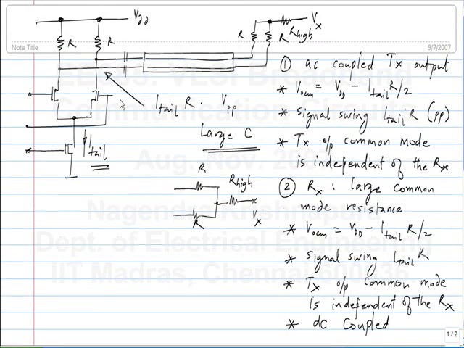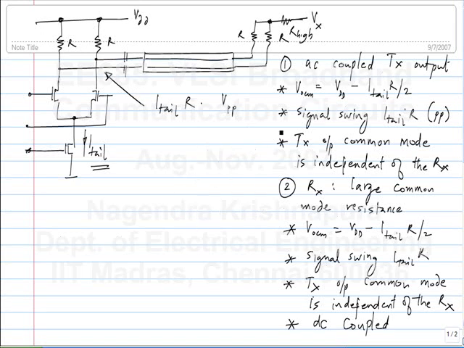In the first case, when you do AC coupling, the transmitter output common mode is independent of the receiver, and also the receiver input common mode is independent of the transmitter. Okay. The two can be set completely independently. Whereas in the second case, the receiver input common mode is directly the transmitter output common mode. Okay. When you don't have these blocking capacitors. So that is another consideration. This will be important for the design of the receiver itself.